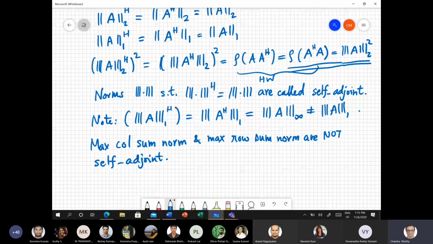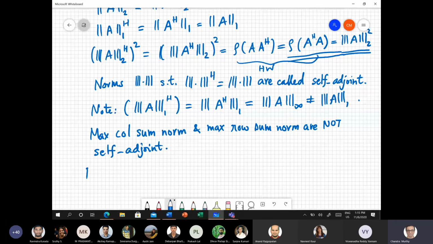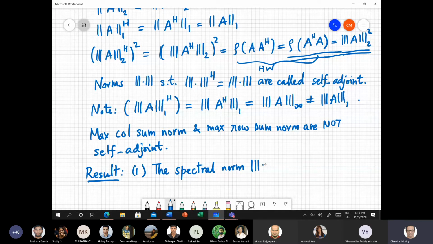Okay, so there's one very nice result that says that, one, the spectral norm is the only matrix norm that is both induced and unitarily invariant.